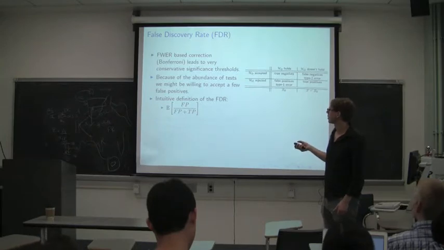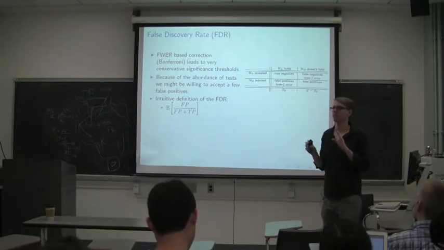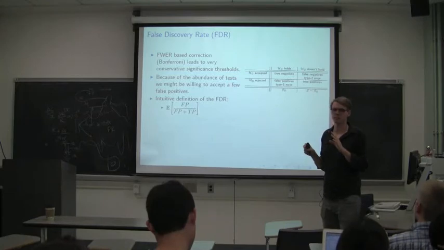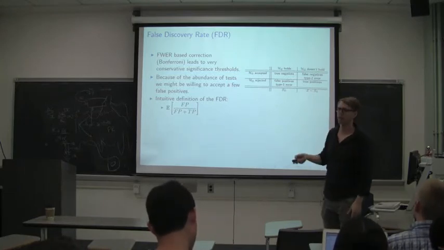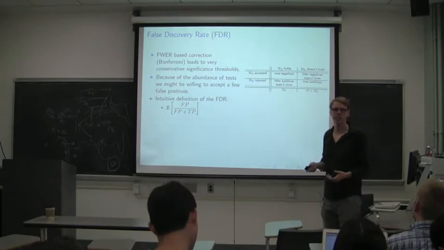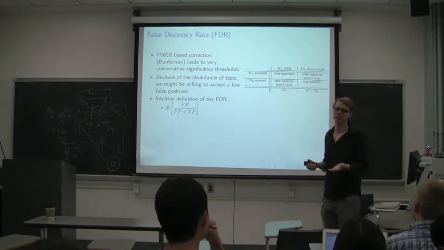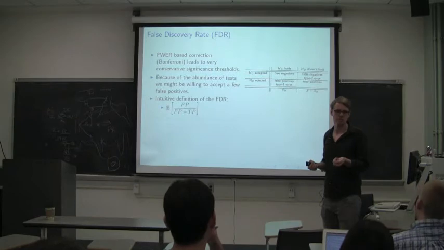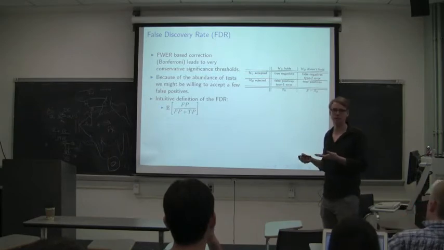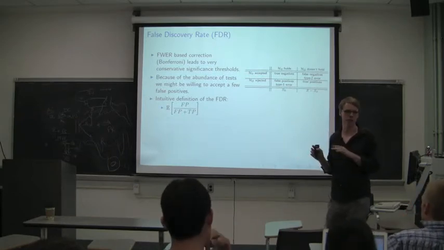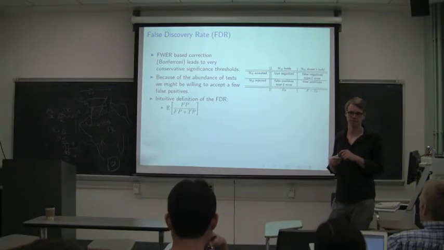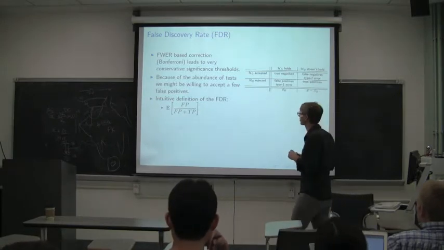So if you say we want a false discovery rate of 10%, it means that 9 out of 10 discoveries that you make have to be right, and 10% can be wrong. That's what it means.